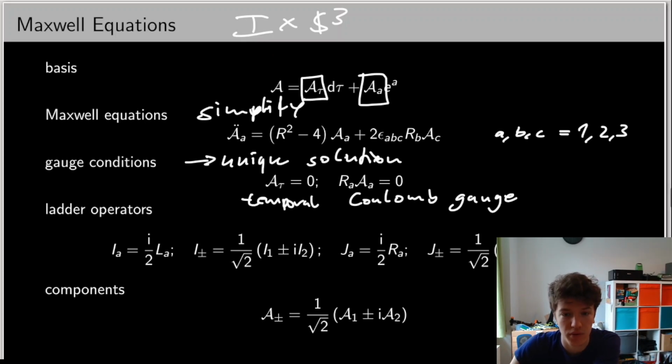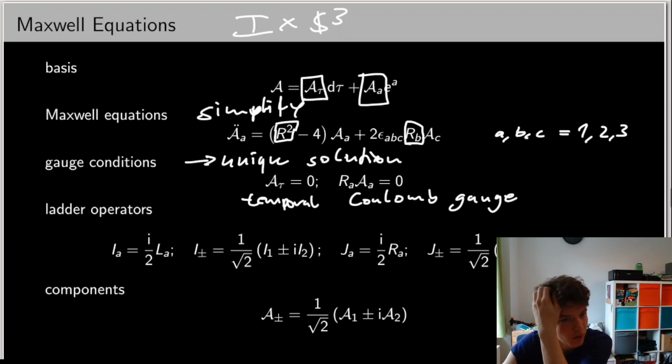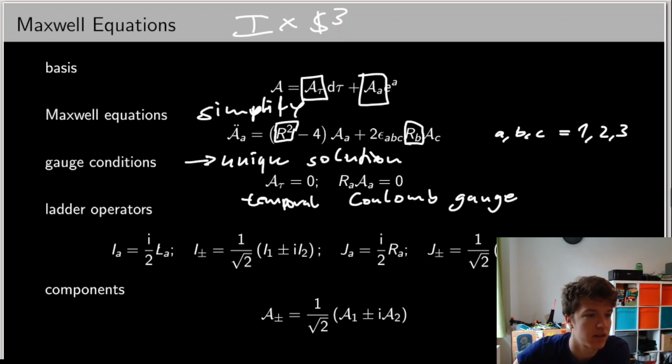And to go on further, as we see here, we have this action of the right invariant vector fields, or more explicitly, the components of the right invariant vector fields.